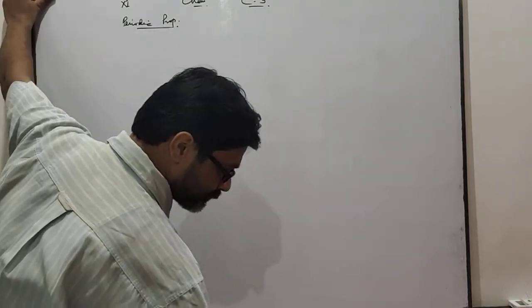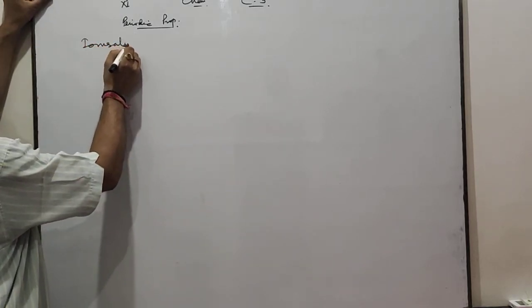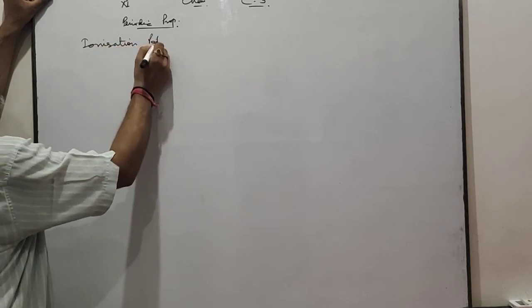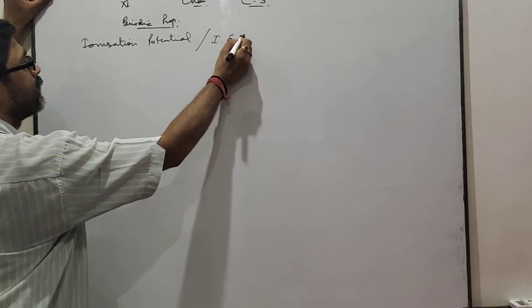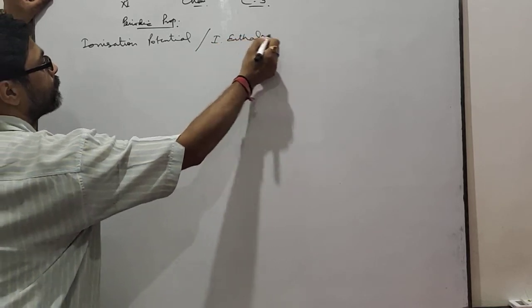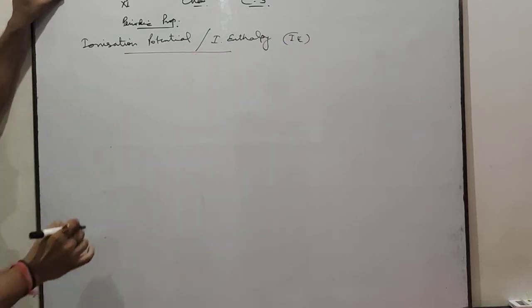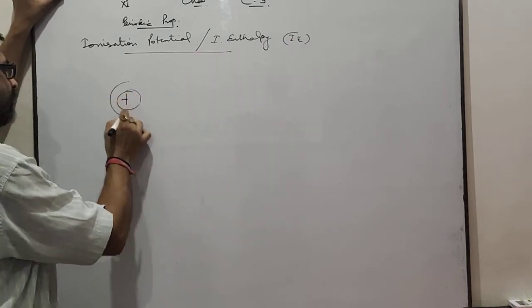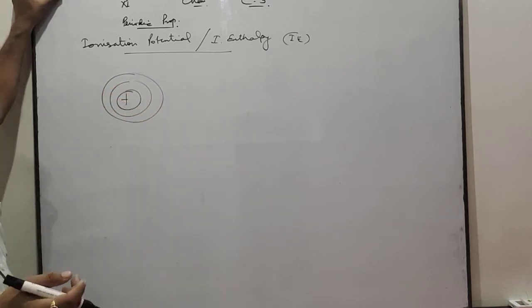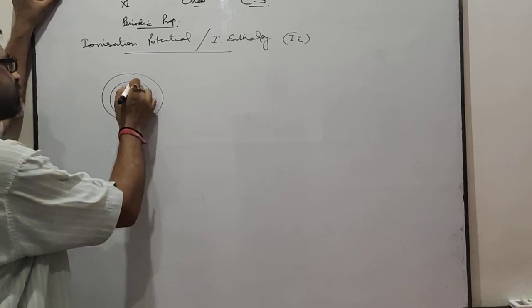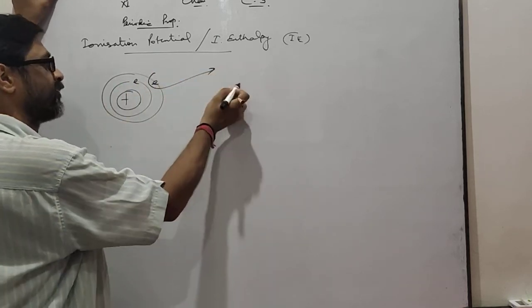Now I am going to explain the third topic, ionization potential or ionization enthalpy, IE. What is ionization enthalpy? You know that the nucleus is surrounded by a large number of shells and these shells contain electrons. These electrons can be removed or entered.